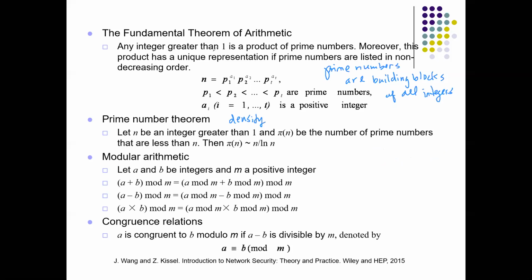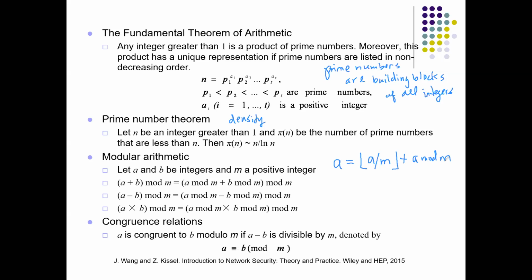I'm going to say A is equal to A divided by M. So for the quotient, we can use a floor, which is the largest integer that will not exceed the value of A divided by M, plus A mod M. So you can write A in that way.